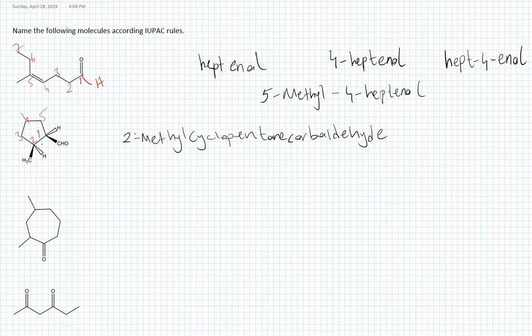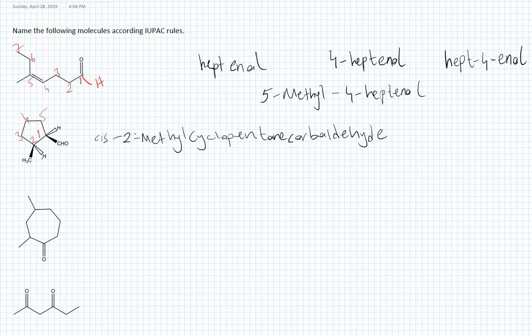But we have to specify that the aldehyde group and methyl group are on the same side of the ring, and if we say cis-2-methyl cyclopentane carbaldehyde, we might say that aldehyde and methyl groups are on the same side.